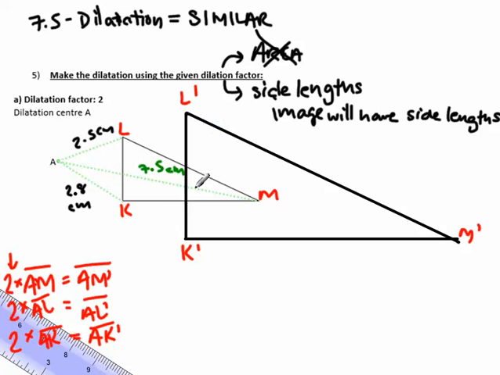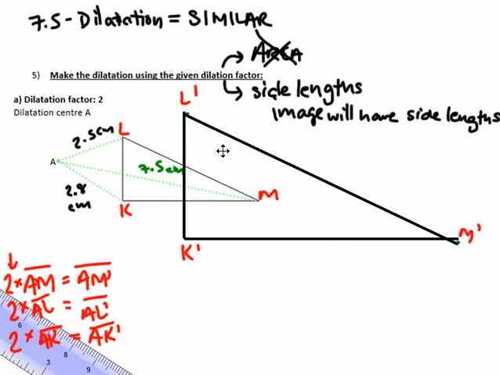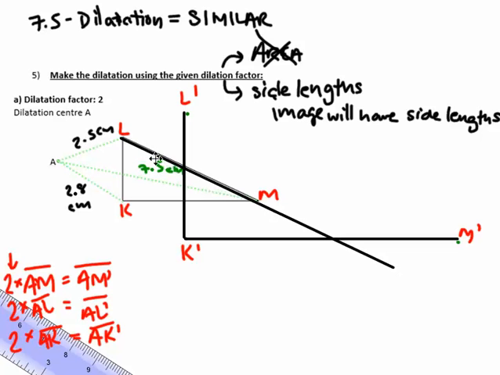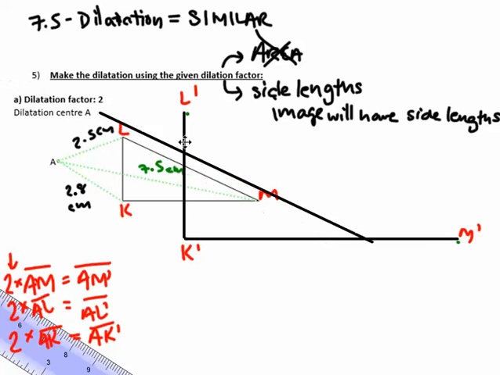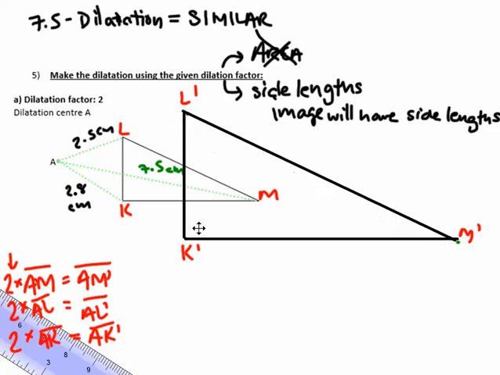So now I have doubled distances, side lengths that are twice as long as the original. If I take each side length, I can see that this is twice as long as that one. The long side is twice as long as the original, and then the other one as well.